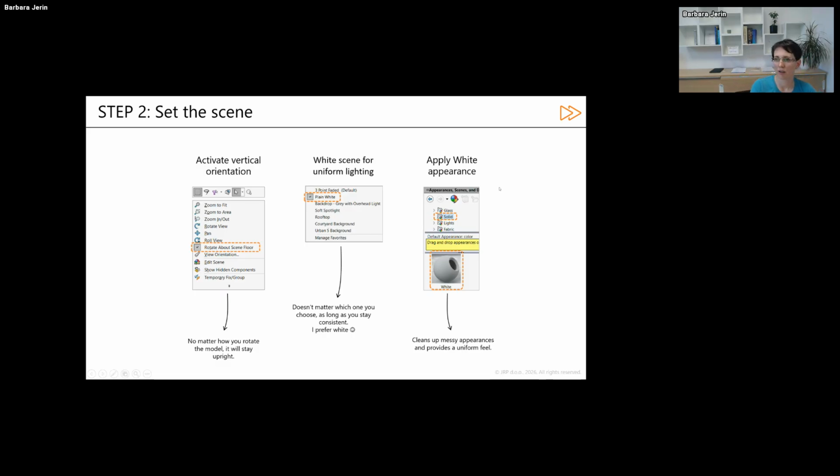And the last step, when we're setting the scene, is that we can apply white appearance on all the components so that we get some uniform feel, because often, when you open a CAD model, you get all kinds of appearances, right?